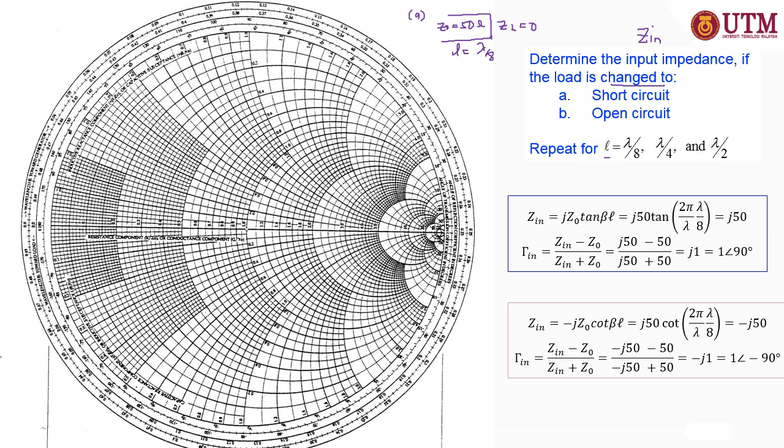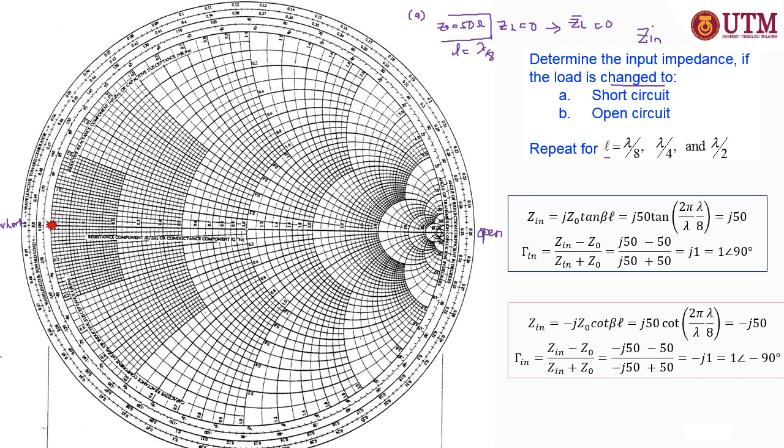So if you calculate the normalized impedance, it is 0. So plot ZL. If you remember, here will be your open circuit, here will be the short circuit, for the real part.